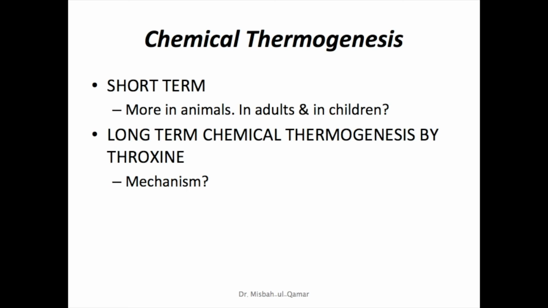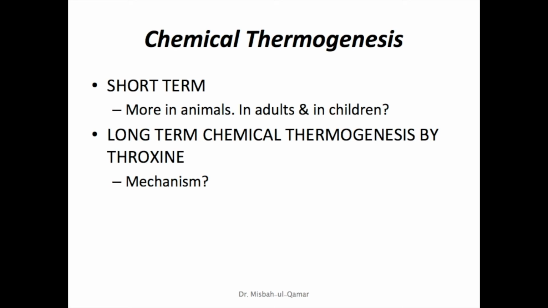Well, don't get your hopes very high, because this phenomenon is only more pronounced in animals having brown fat. As far as humans are concerned, in adults, only a 10 to 15% increase in the heat production occurs by the chemical thermogenesis.